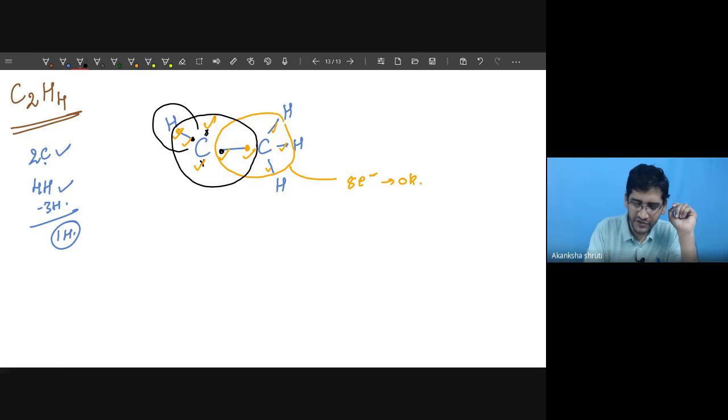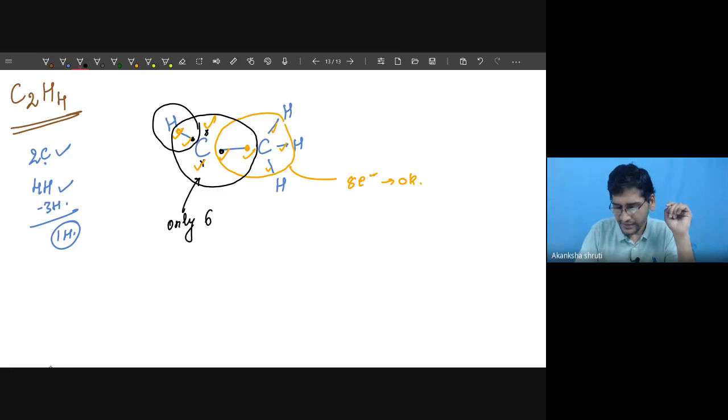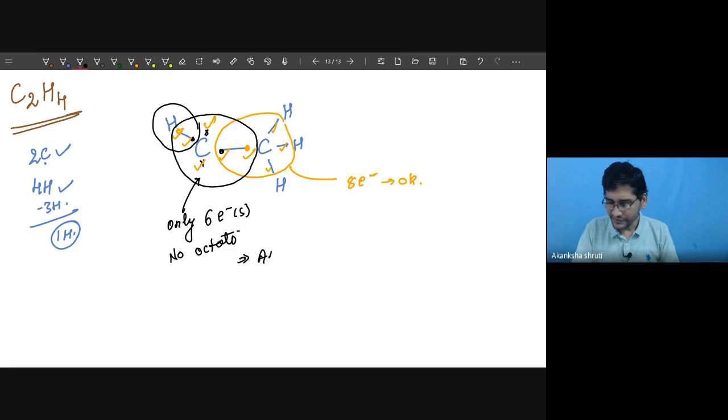This is the area of control of hydrogen. So for this carbon, only 6 electrons, so no octet. It means the above structure is wrong. It cannot exist. So is there another way of drawing the structure or rearranging the carbon and hydrogen to draw a stable structure where each carbon has its octet configuration and hydrogen has its duet configuration?